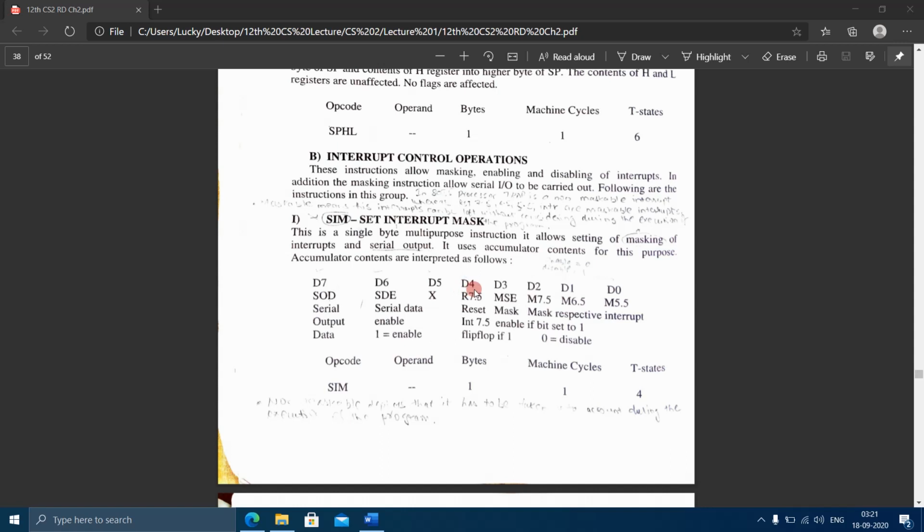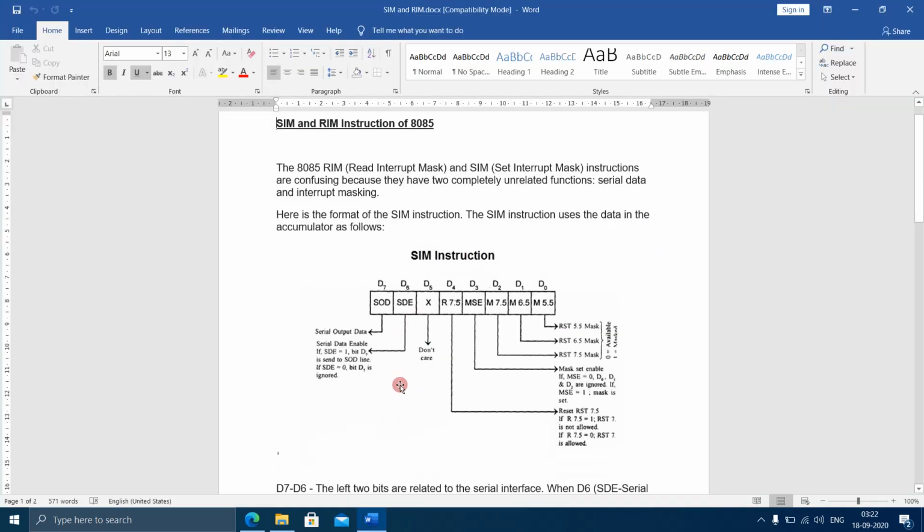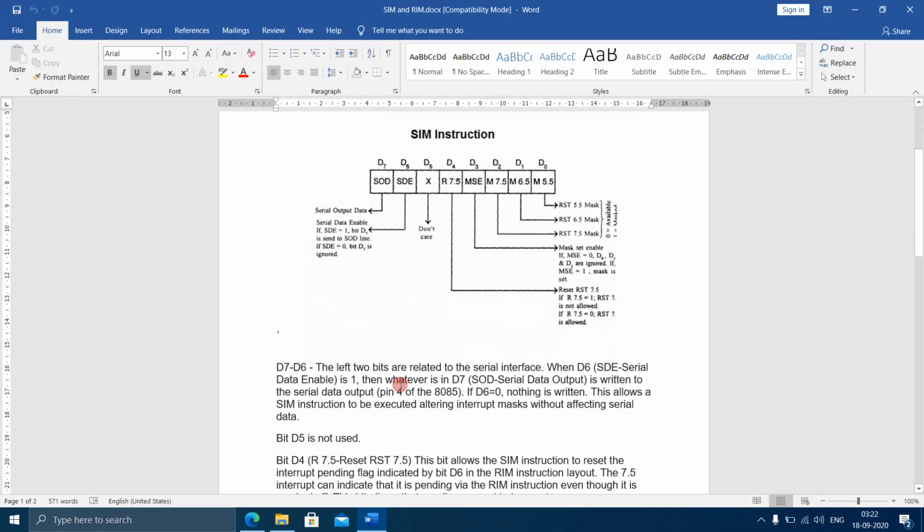This D4 bit, the RST 7.5, when it is represented as pending, that is, when this bit is 1, then it is reset by set interrupt mask. It makes it 0. When we learn read interrupt mask in detail, this bit will be much clearer to us. This is the Word file which we were following.